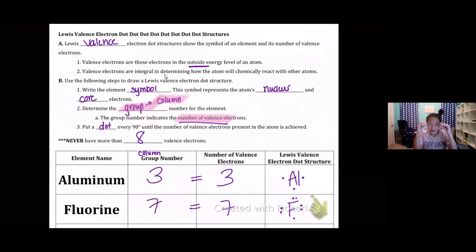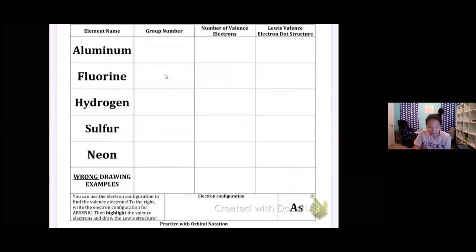When you have 2 dots out like this, they should be drawn like there's an imaginary box around the element. I'm going to show you some wrong examples first, before I show you the rest of the other examples. If we were drawing fluorine, you can't just draw it in one big circle.